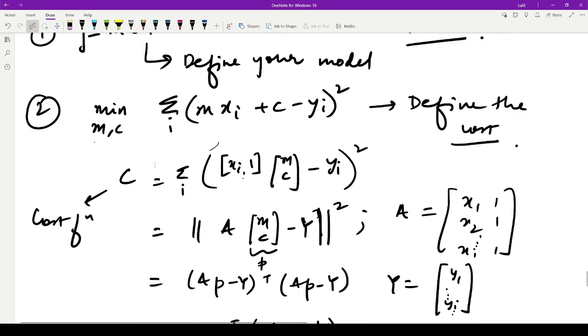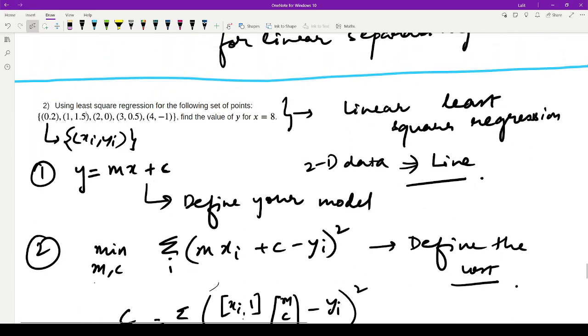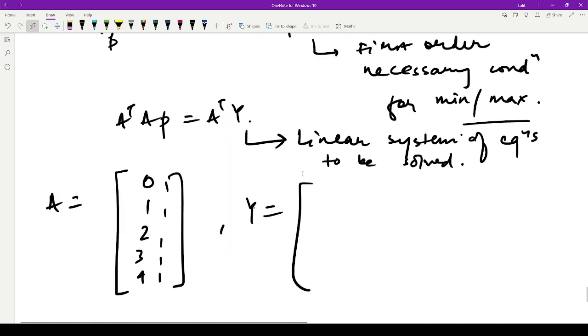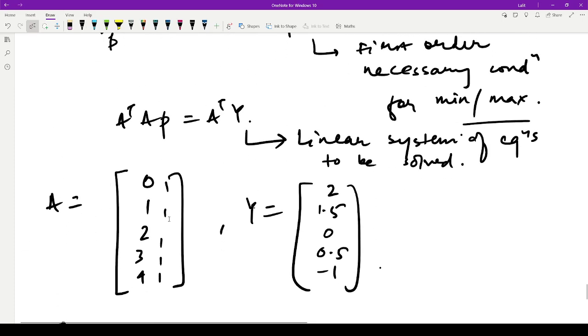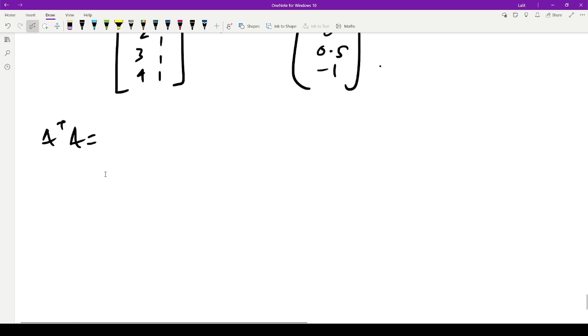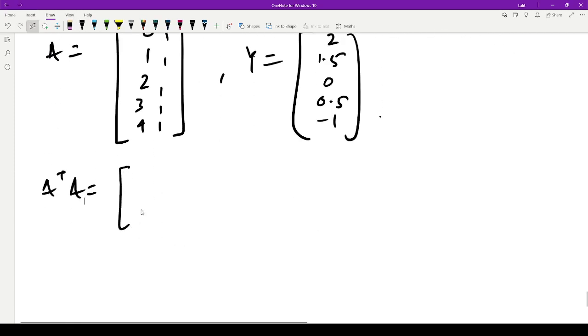Y is just the y coordinates given to us, 2, 1.5, 0, 0.5. So if you try to compute A transpose A, just take transpose of it and do a matrix multiplication. It turns out to be like this: 30, 10, 10, 5.